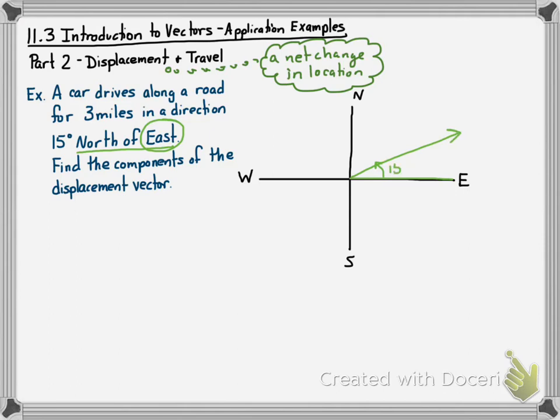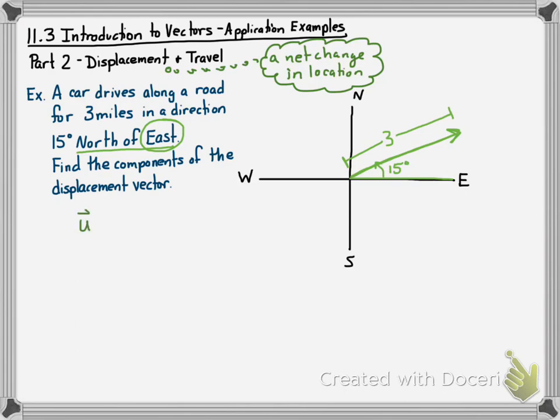So what we have here is a vector starting at the origin and shooting outwards. The length of that vector is the length of our drive, 3 miles. So the two pieces of information we are given are the magnitude of the vector, and the direction.